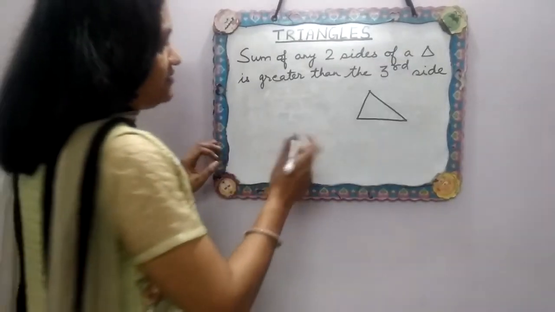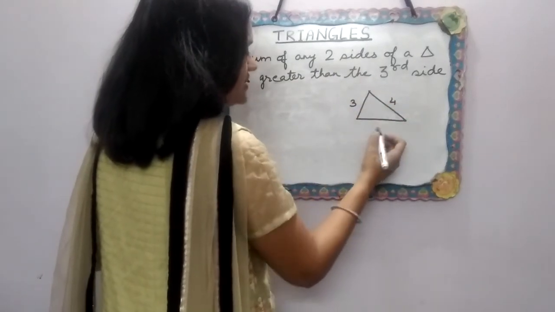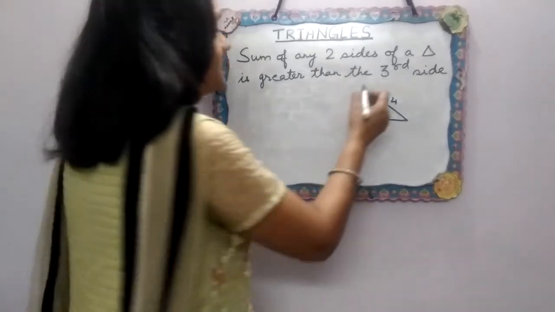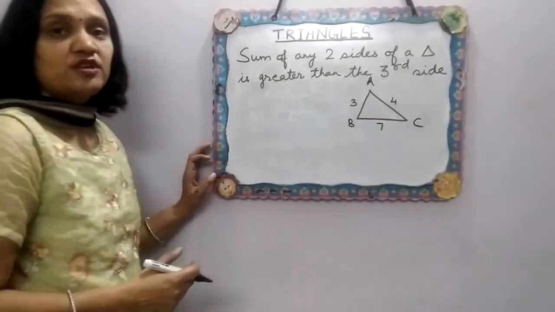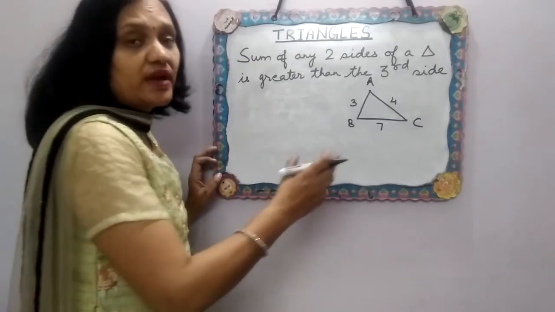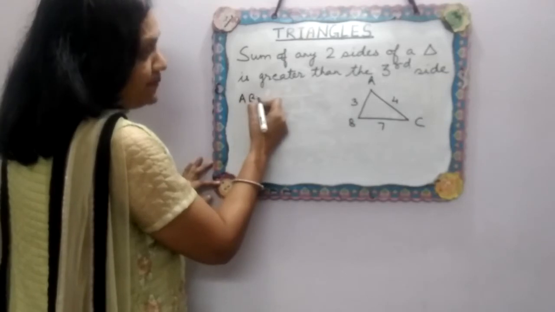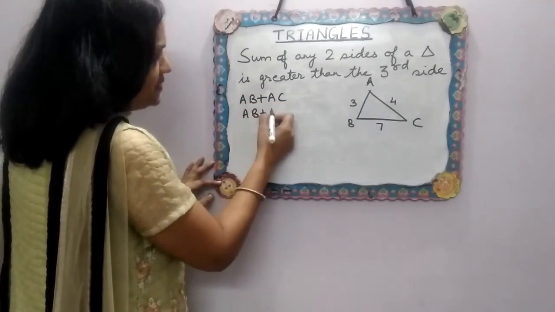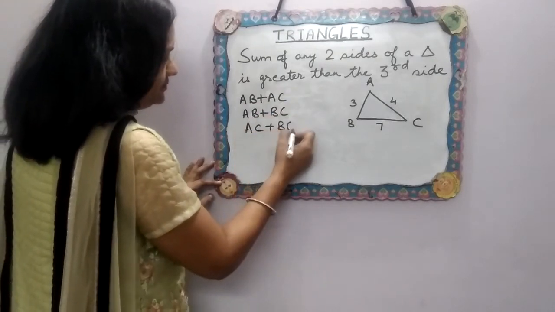Now, if you have 3 centimeter, 4 centimeter and 7 centimeter as the 3 sides of a triangle, then what are the possible ways in which you can take pairs of the sides? The possible ways are AB and AC, AB and BC, AC and BC.